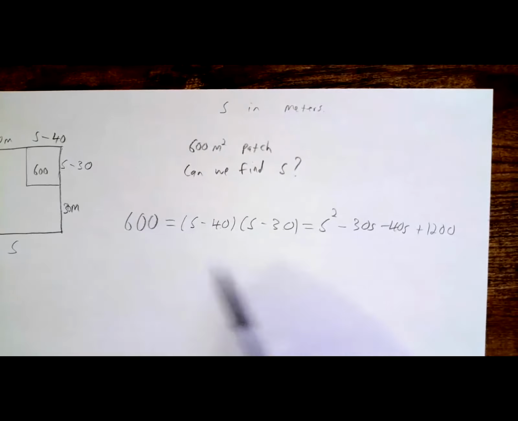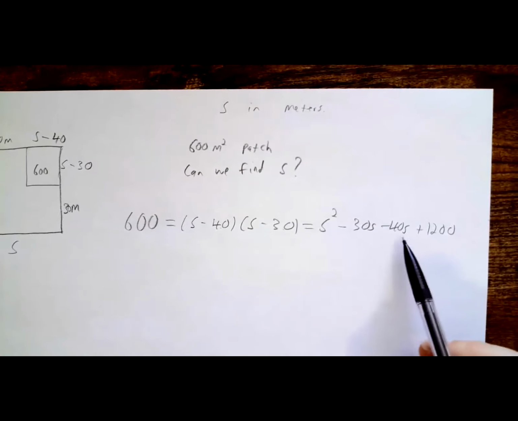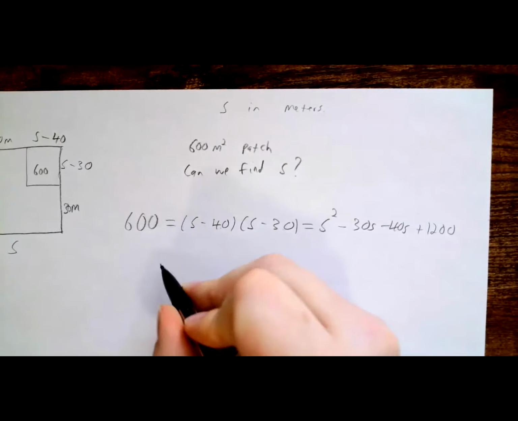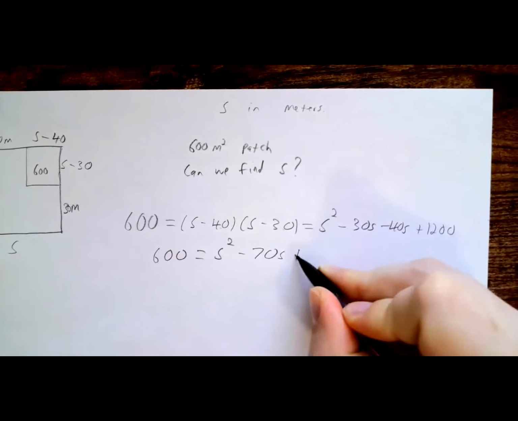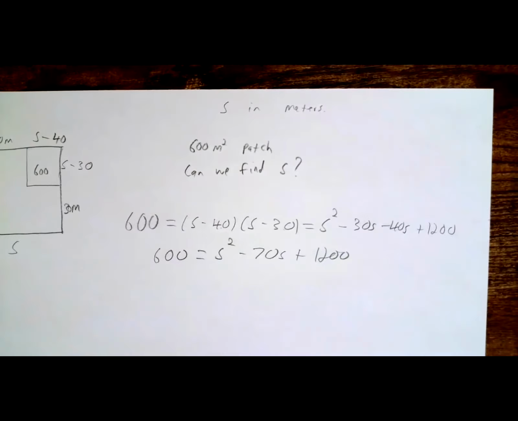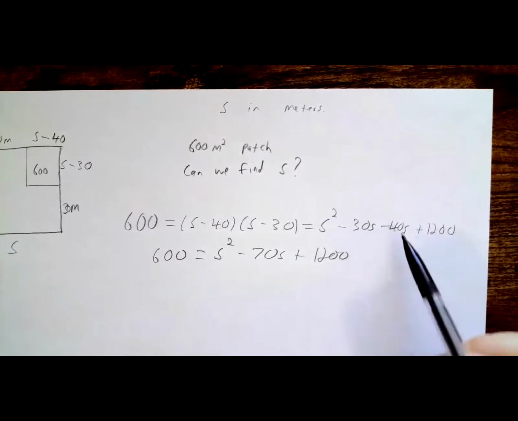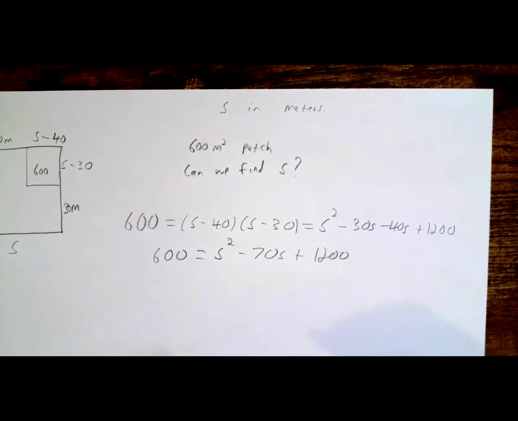So you get that 600 is S squared minus 30S minus 40S plus 1200. In other words, 600 is S squared minus 70 times S plus 1200, just adding that negative 30 and negative 40 together. So now what I want to do is subtract 600 from both sides.